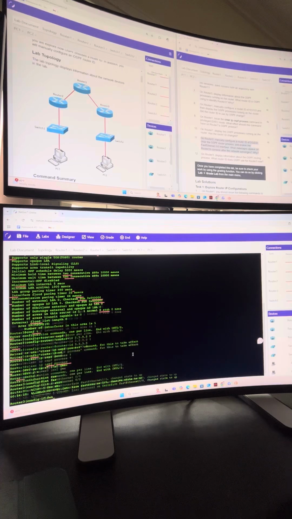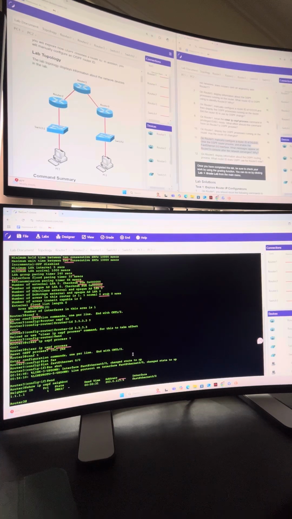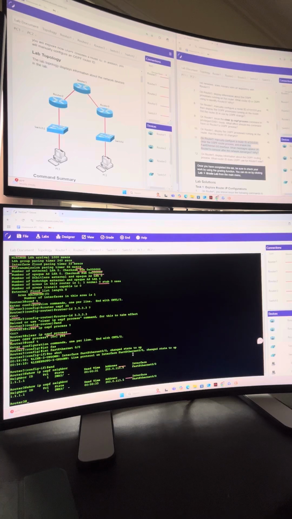Let's do an end. Let's do a show ip ospf neighbor. We're in a two-way state, so let's give it a little bit more time. Still in the two-way state.